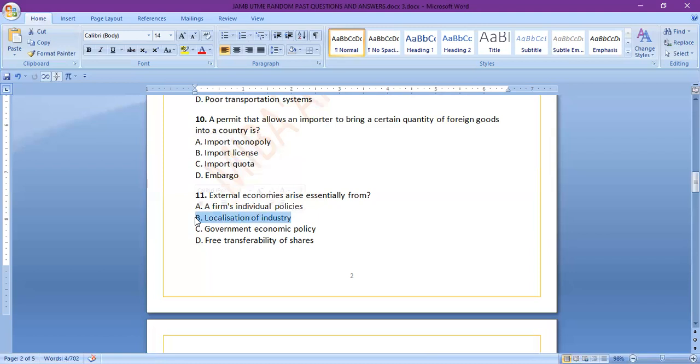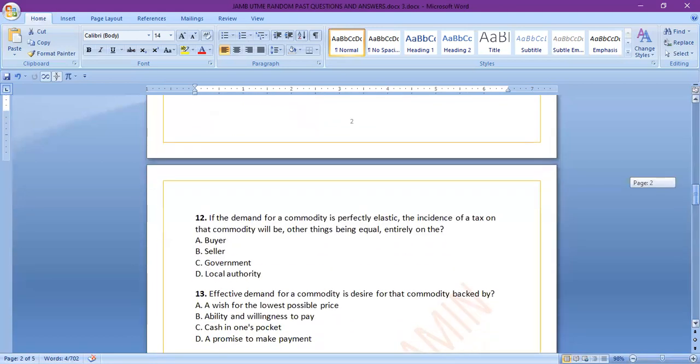External economies, when industries are concentrated in one place, they share certain infrastructure, certain facilities, and then it reduces their cost of production. And reducing that cost of production will eventually lead to what? External economies. They get the opportunity, the platform to produce in large quantity and make higher profit.